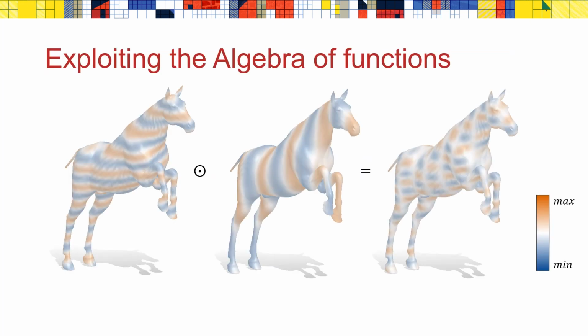The first idea is to exploit the algebraic structure of the functional spaces, and as we saw, these functional spaces on 3D shapes are equipped with a sum, a scalar product, and a pointwise product. So thanks to these operations, the structure of these functional spaces is an algebra.